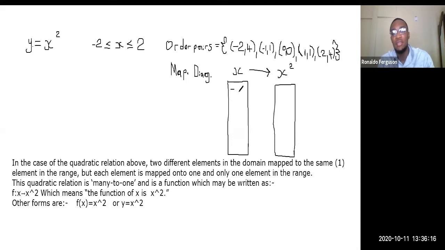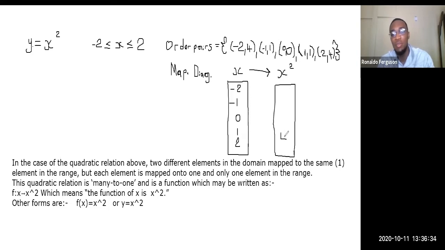So x is -2, then we have -1, then we have 0, then we have 1, then we have 2. Now -2 is being mapped to 4, and so we can put a y value of 4.